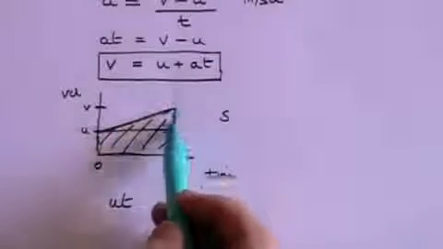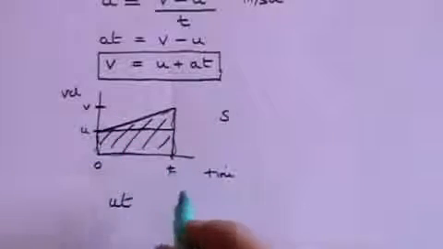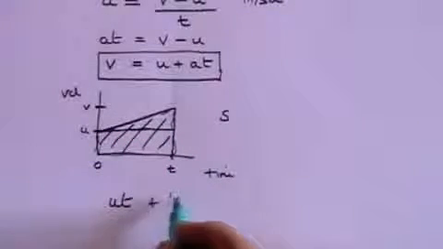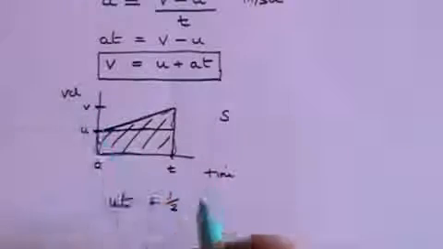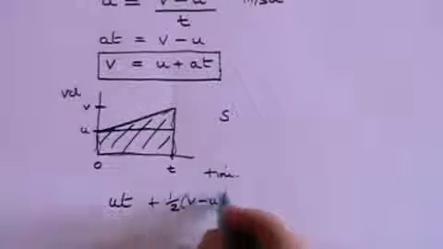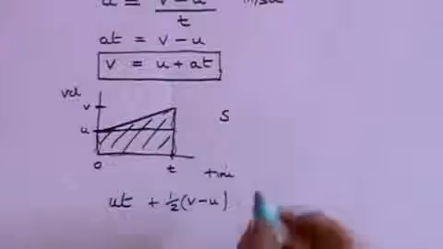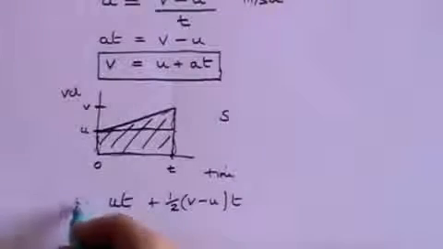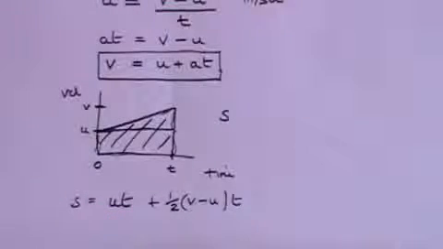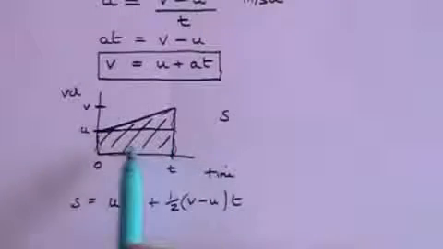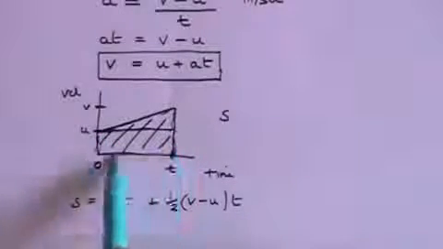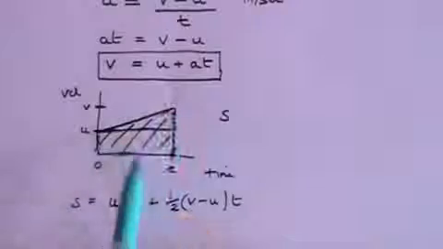The area of the triangle is half the base times the height, which is half of the height, which is v minus u, times the base, which is t. And that, we say, is s, the distance. The distance is the area under the curve, which is that oblong plus that triangle.